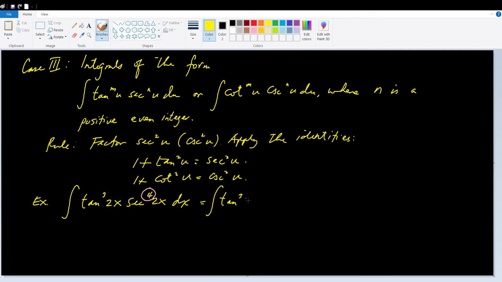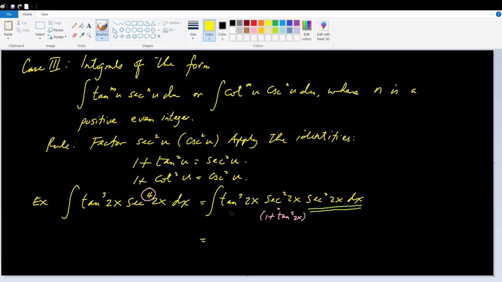We rewrite tangent cube 2x, and secant to the fourth is written as secant squared 2x times secant squared 2x dx. So we shall preserve secant squared 2x dx because we know that that is the derivative of tangent. So we will replace secant squared 2x by 1 plus tangent squared 2x.